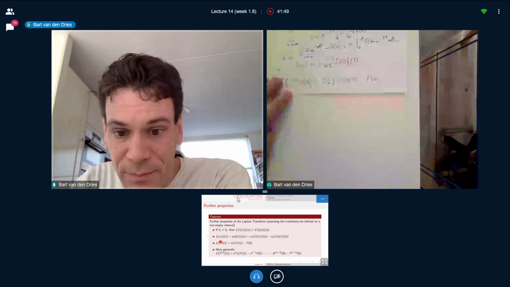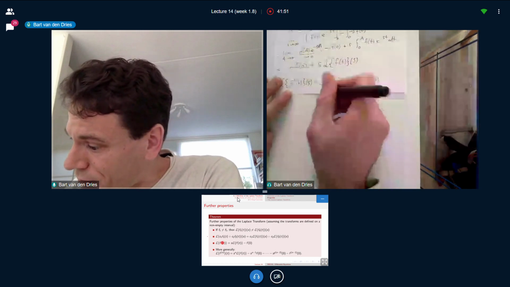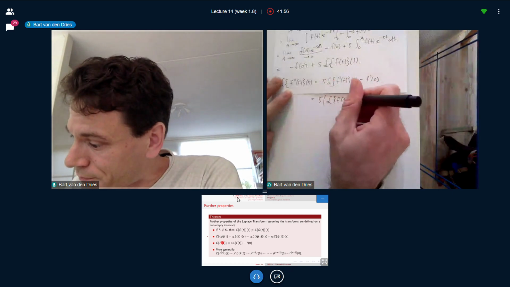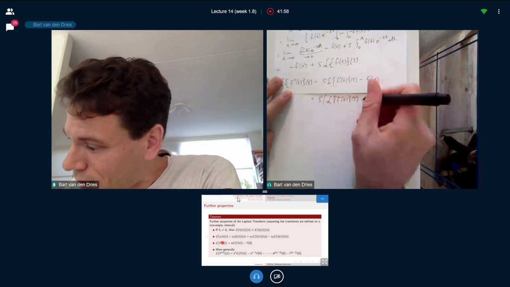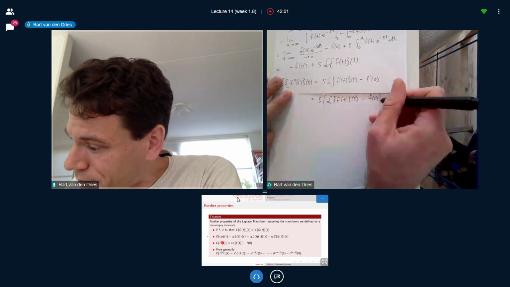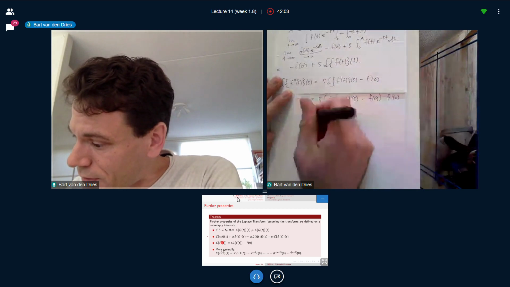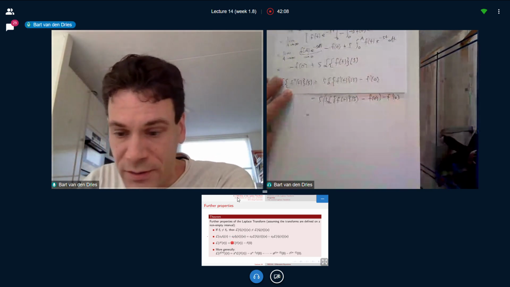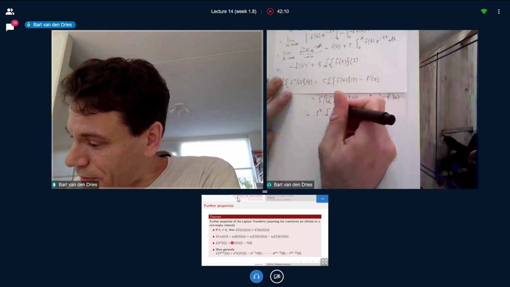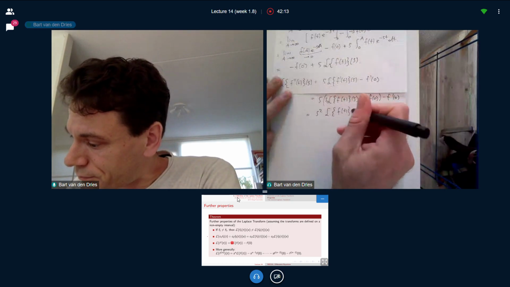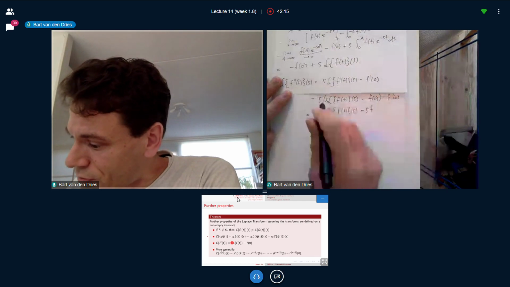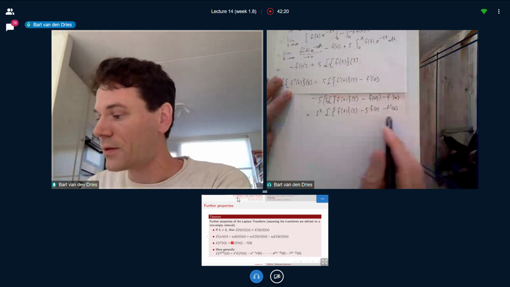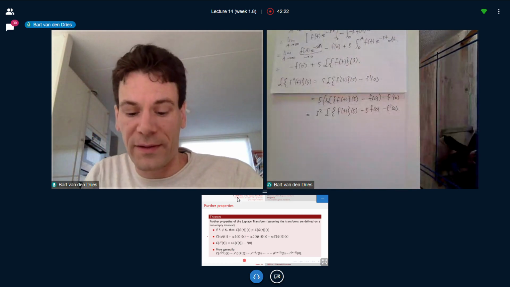Then I apply the same rule again, so I get s times the Laplace transform of f itself minus f(0), minus f prime(0). There's an extra s here, so I get s squared times the Laplace transform of f, minus s times f(0), minus f prime(0). This way you can construct this whole thing.